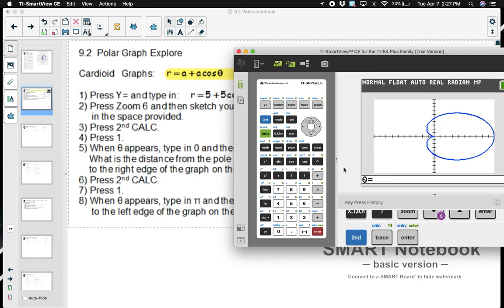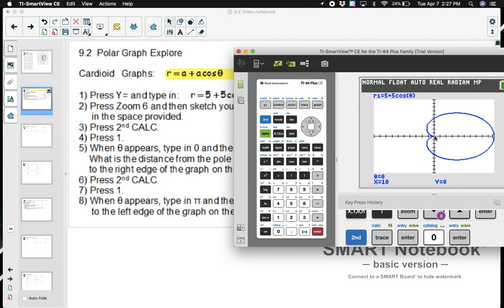So if I type in 0, enter. 0 is when we are this direction from the pole. And then this would be like if we plug in pi over 2, pi, 3 pi over 2, and so forth. So if you look at our graph, we get the point. Our r is 10. I got 10 units out.